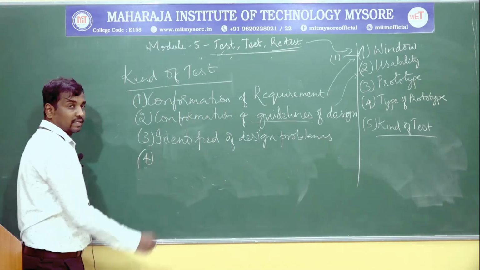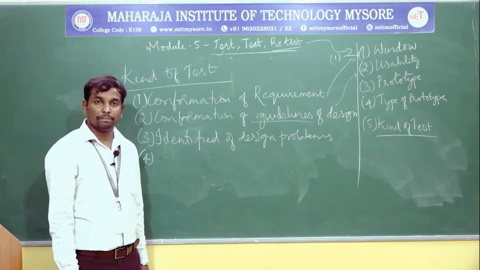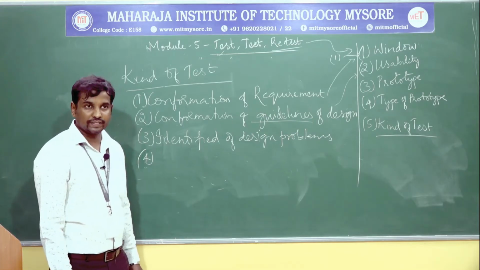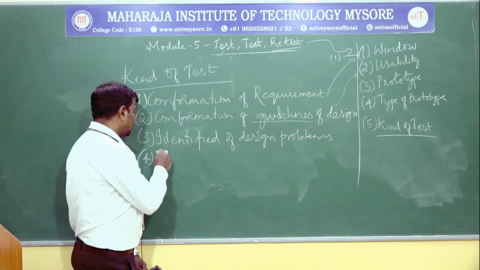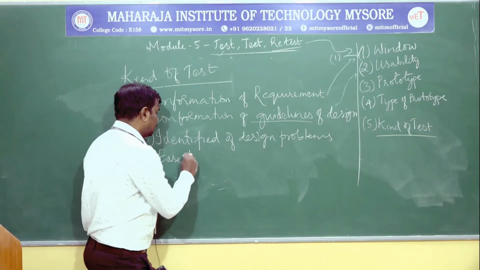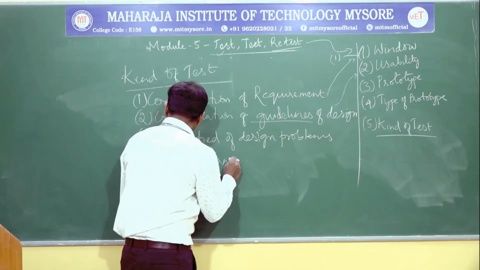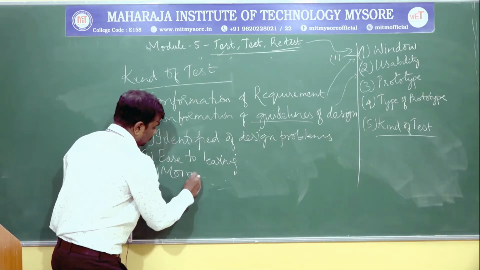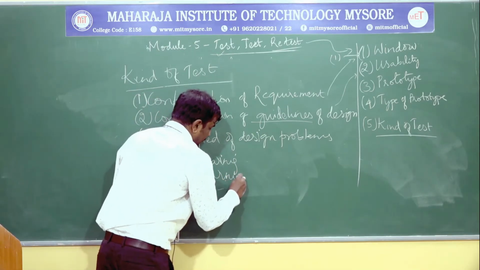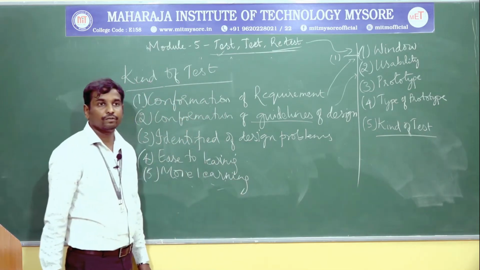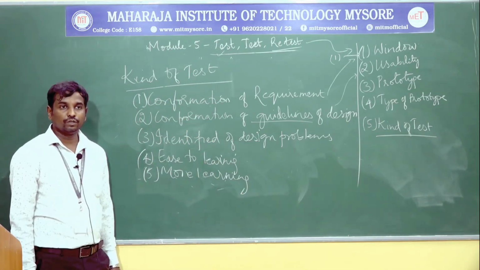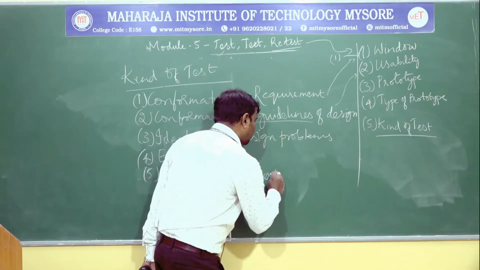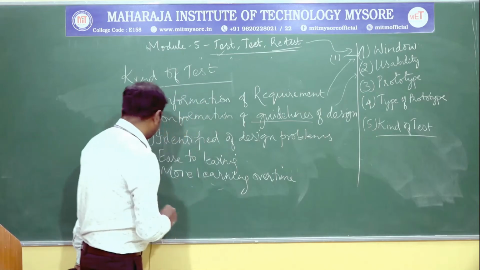In the fourth step, we need to make the products easy to learn for the users who use them. That is the fourth step. And the fifth step is more learn: we have to make the product such that users learn more over time. That is the fifth step.